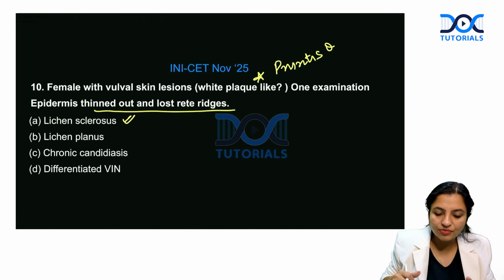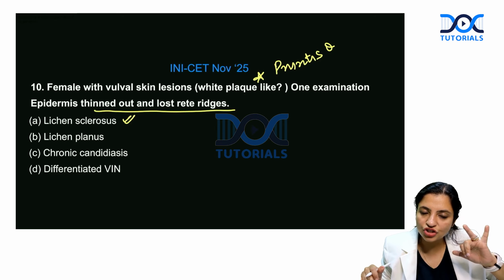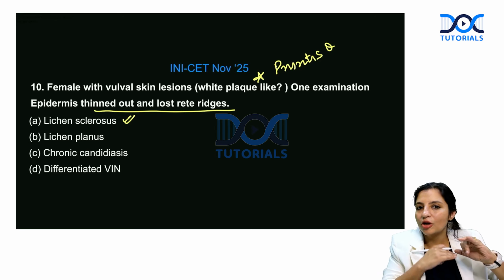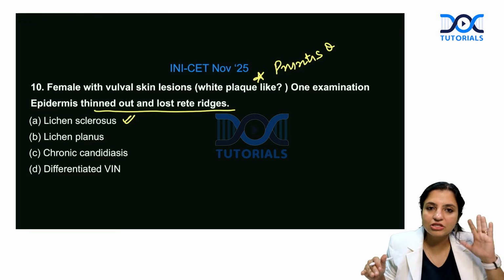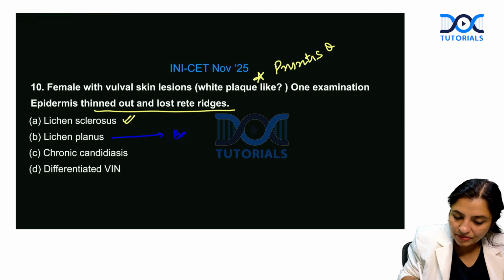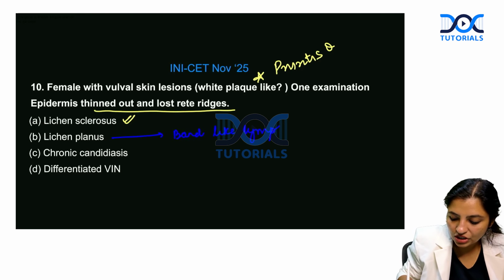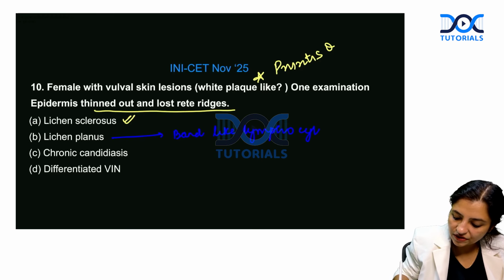Let's come to the question here. A typical female with white plaque-like lesions or cigarette paper skin or ivory-like skin surface, thinned out epidermis, lost rete ridges: lichen sclerosis. Lichen planus also has a band-like lymphocytic infiltrate, but there is no homogenization of collagen and no loss of rete ridges.